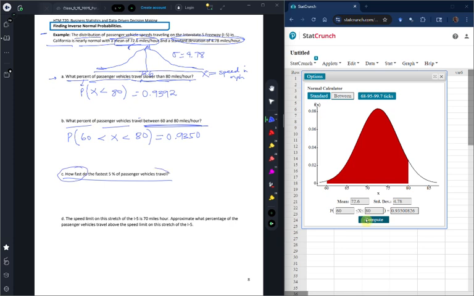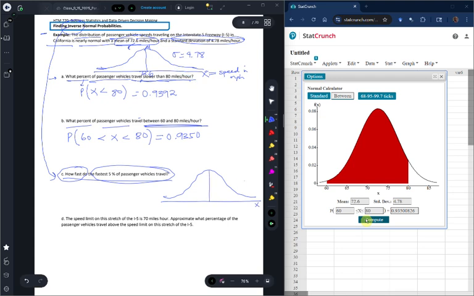The next question says, how fast do the fastest 5% of passenger vehicles travel? This is where the idea of inverse probabilities comes in. I'm going to sketch the normal distribution from what we had earlier. I want the mean, which is 72.6, and the standard deviation, which is 4.78. The fastest 5%, should they be on the lower end of the speed or on the upper end?